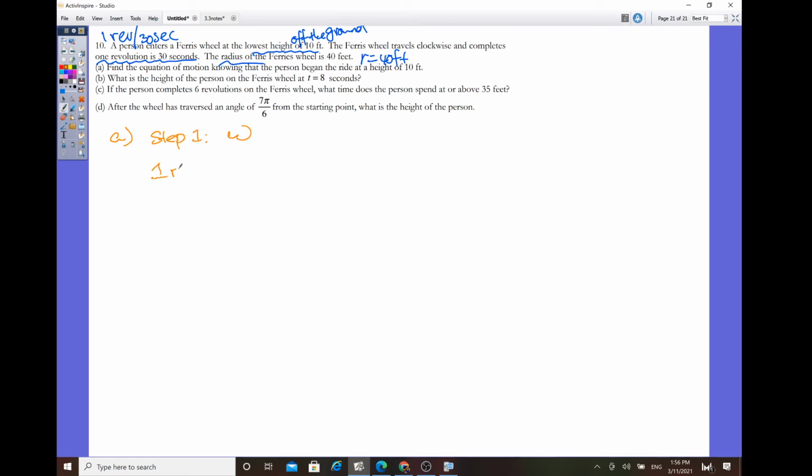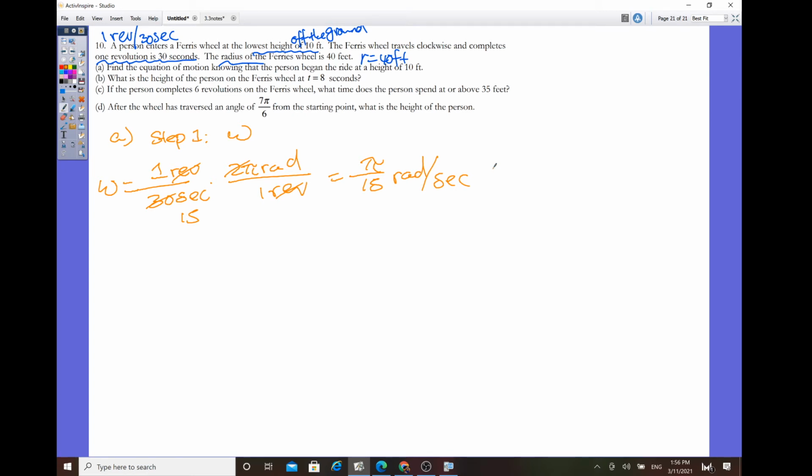So 1 rev over 30 seconds, multiplied by 2 pi radians over 1 rev. Again, cross cancel. So we got pi over 15 radians per second. Okay, so again, this one shows that it's the w.